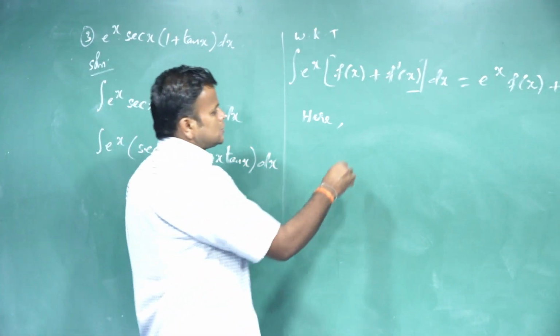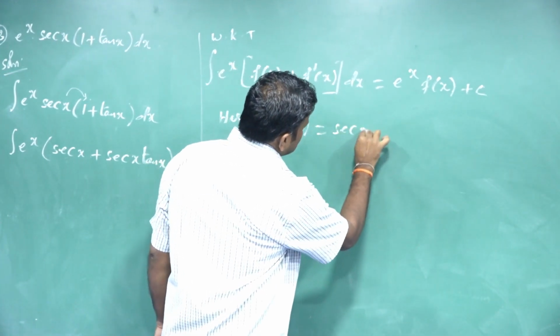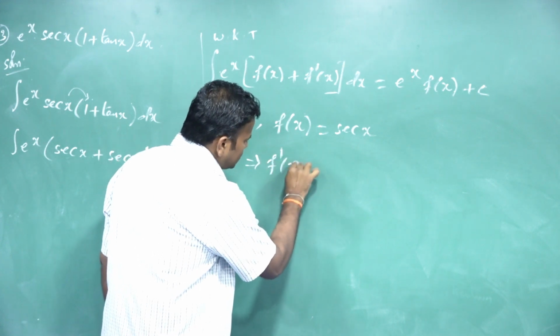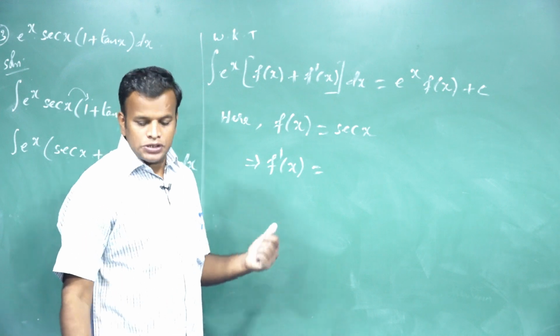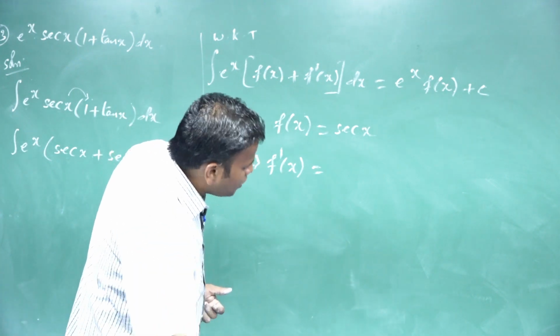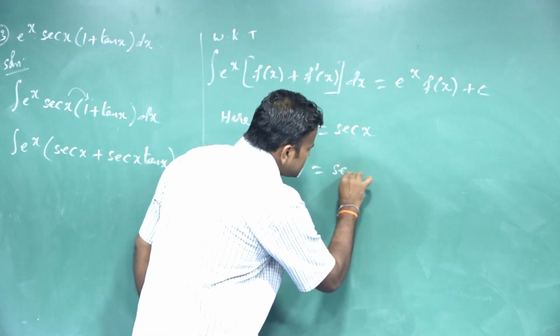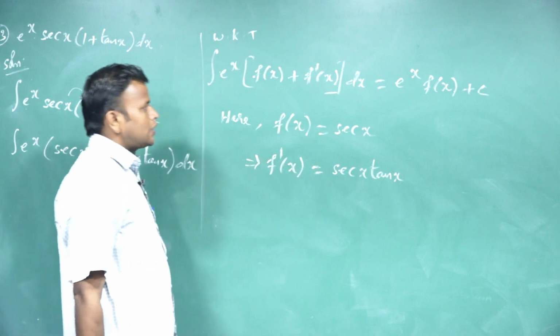So f of x is secant x. The next step is f dash of x. I already told you f dash of x means differentiating f of x. The differentiating of secant x is secant x tan x.